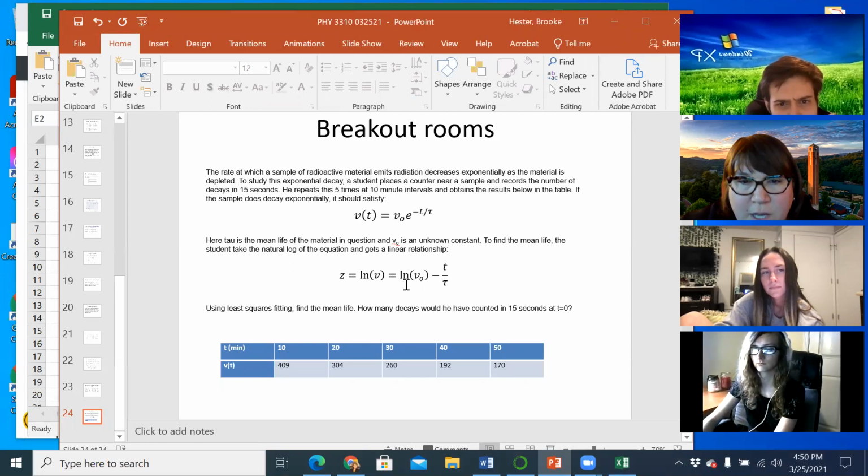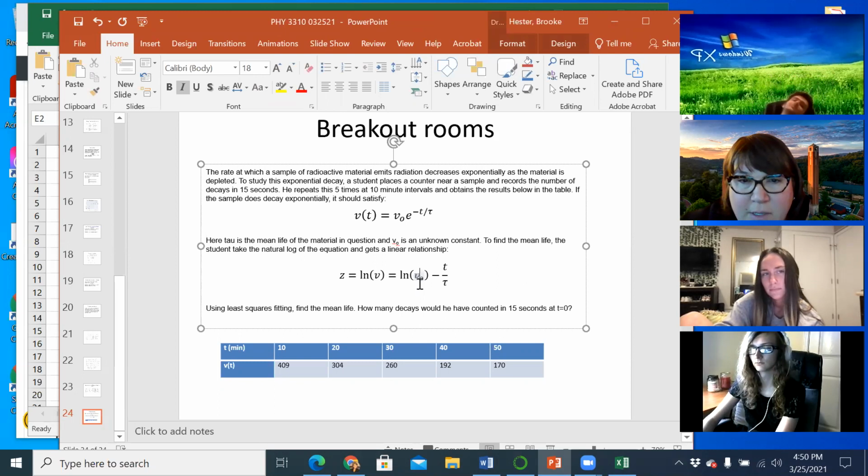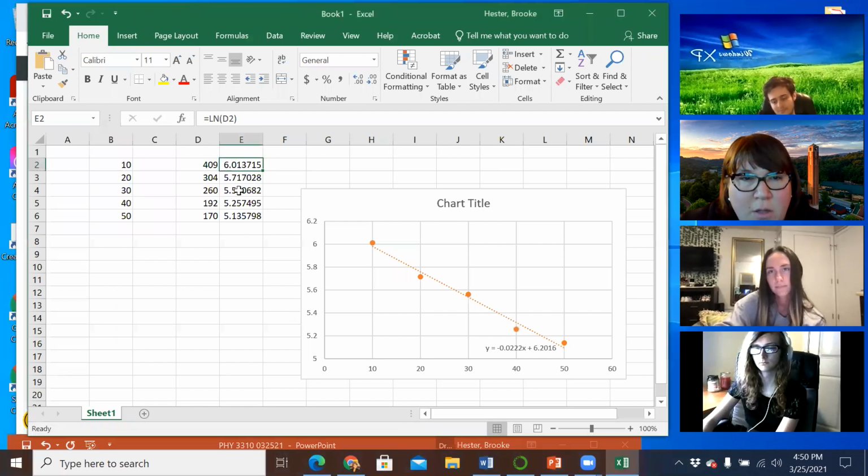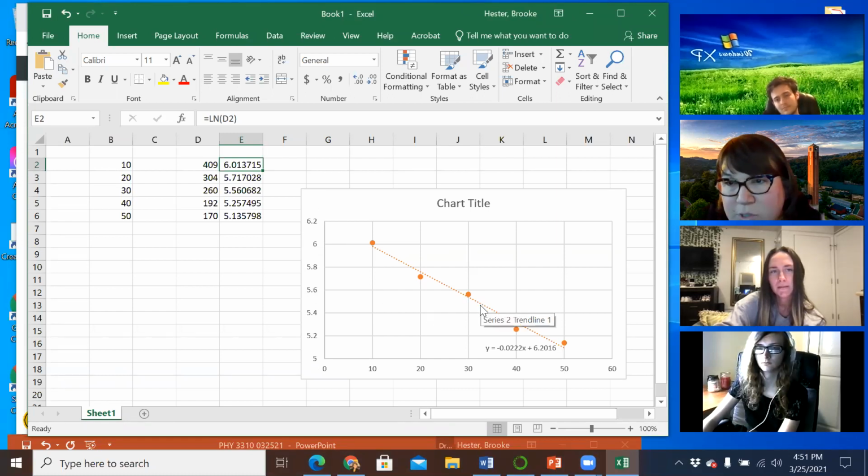Basically, I took the natural log of both sides, and in my Excel spreadsheet, what I need to graph is the natural log of those y values. So I put the natural log in this column and the time in this column, with time on my x-axis and natural log of the counts on my y-axis, and I put in a linear fit with Excel, which uses linear least squares, and got minus 0.0222 for the slope.